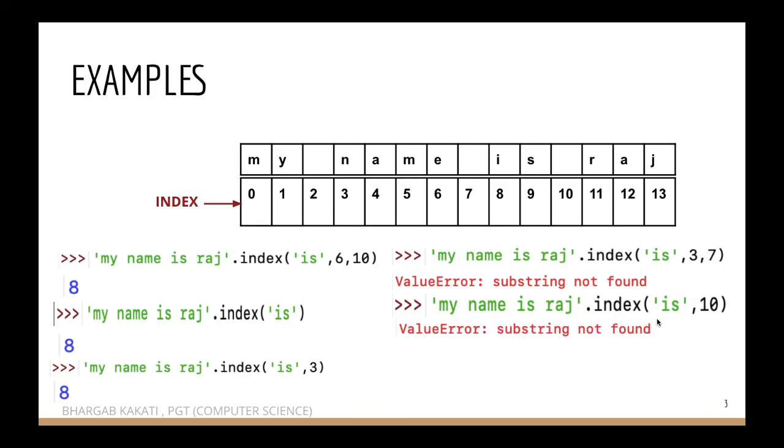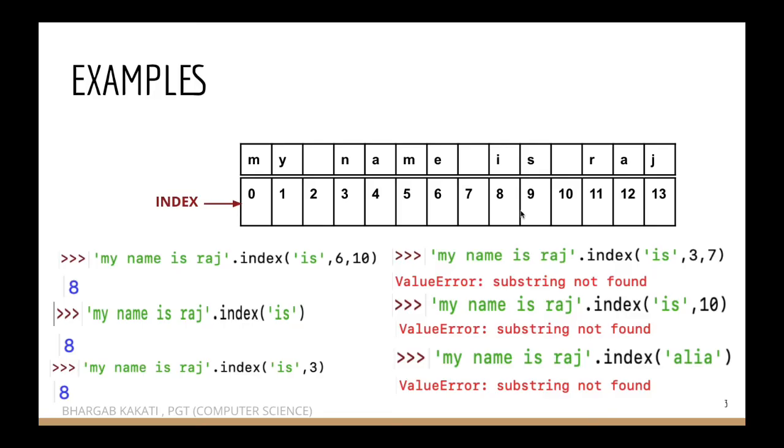It is not present, therefore it will return a value error saying that the substring is not found. Got it? Next is, if I give my name is Raj dot index alia. Here I have given such a substring which is not present in the entire string. If I give such a substring which is not present in the entire string, then also it will return a value error.